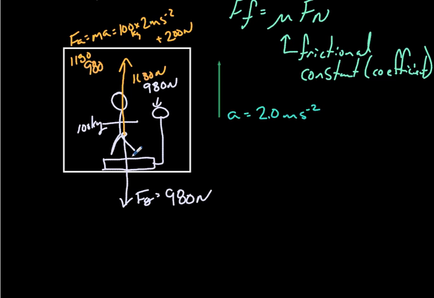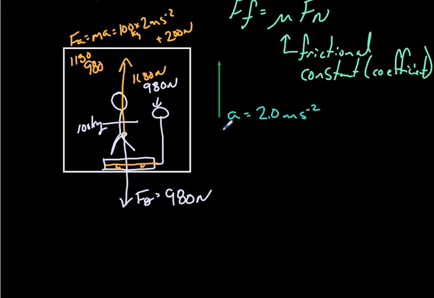The floor has to accelerate you up at 2 meters per second squared. If that is supplied by the springs in the scale, which are calibrated, they're going to weigh heavier. It's as if you have added an extra 200 newtons worth of weight to yourself, okay?